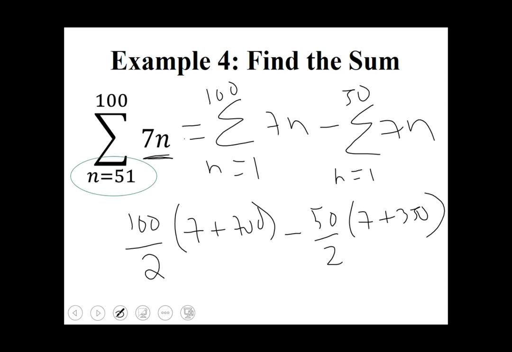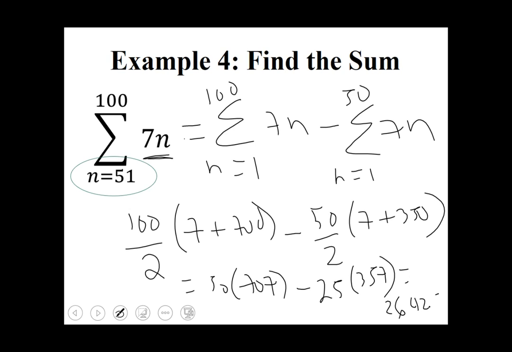If you calculate the first sum, you get 50 times 707 minus 25 times 357. And if you do those calculations and subtract, you do in fact get the final sum, which is equal to 26,425. So again, a rather large sum, but perfectly fine that it's big.